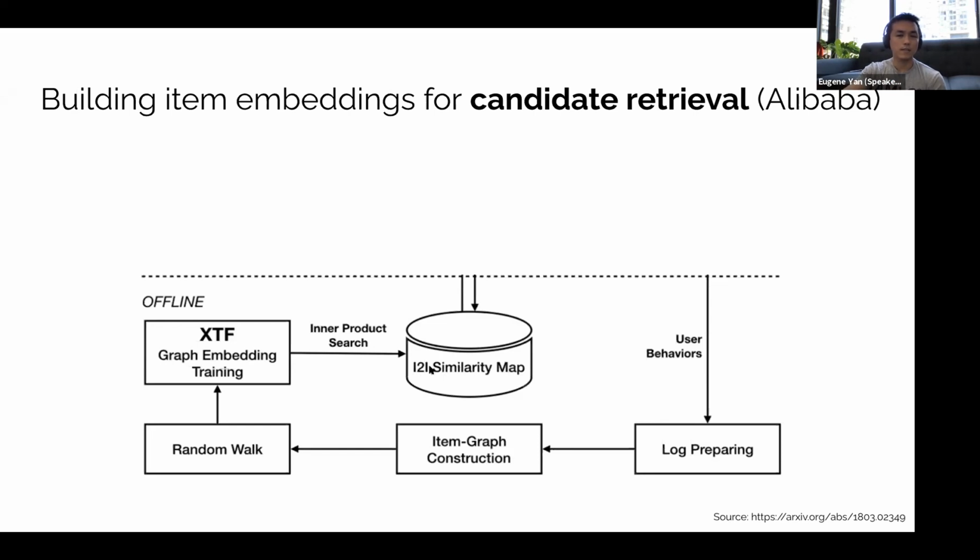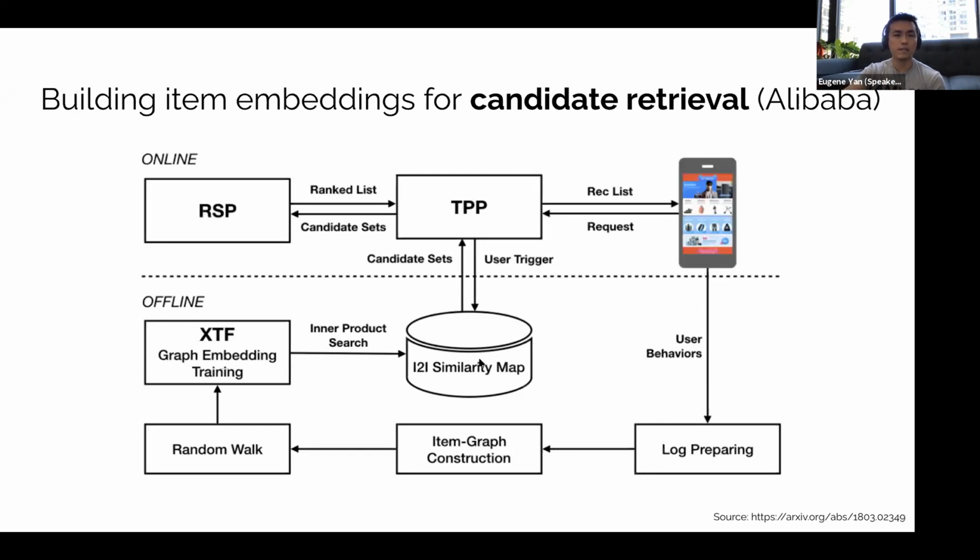Then, once this item-to-item similarity map is generated, in the online environment, when the user launches the app, it makes a request to the Taobao Personalization Platform, TPP. It starts by fetching the latest items that the user has interacted with, which you don't see on the diagram here. So what are the items that the user has previously purchased or interacted with in the previous session?